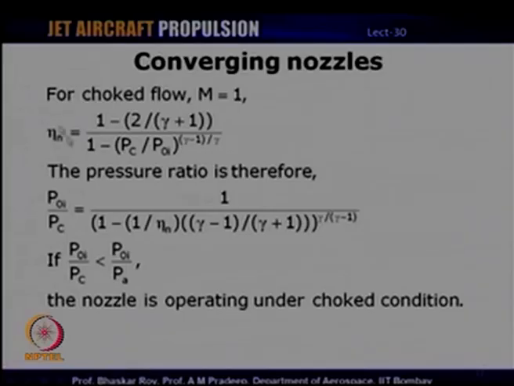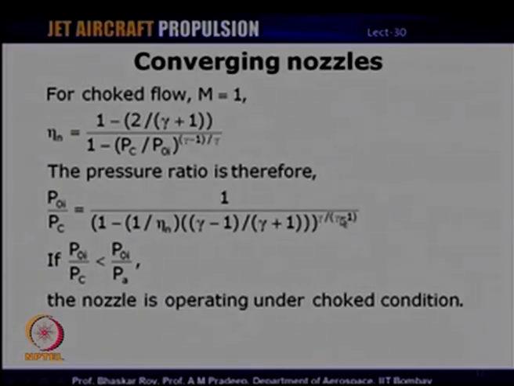From this, if we simplify, we get the critical pressure ratio P0I by PC equal to 1 by (1 minus 1 by eta, the nozzle efficiency, multiplied by (gamma minus 1) by (gamma plus 1)), raised to gamma by (gamma minus 1).